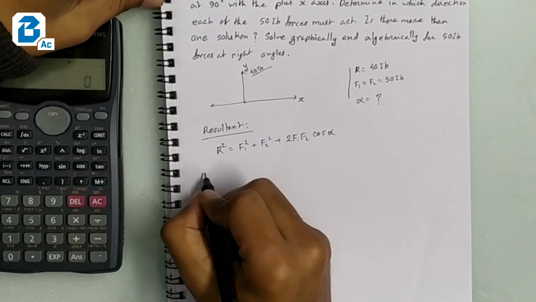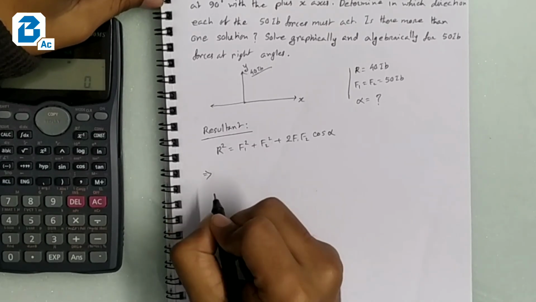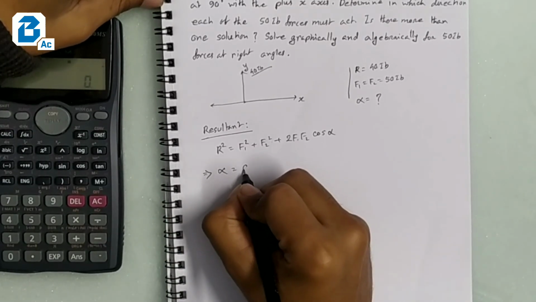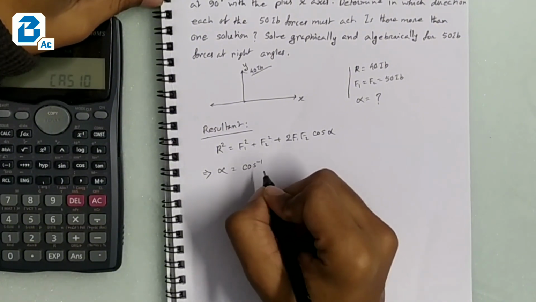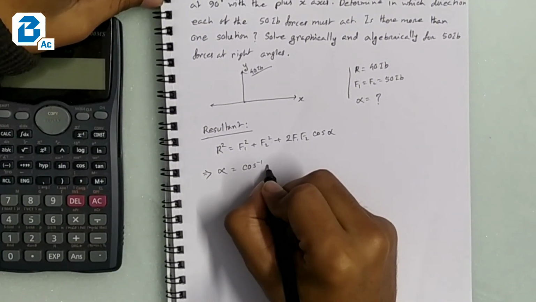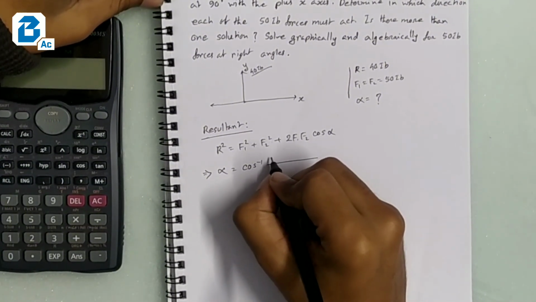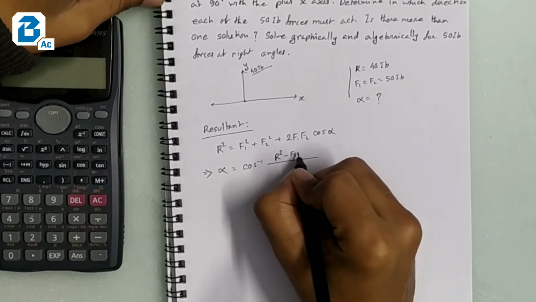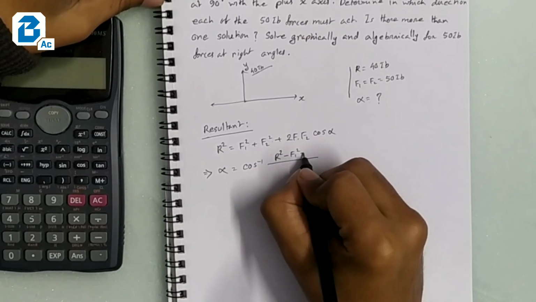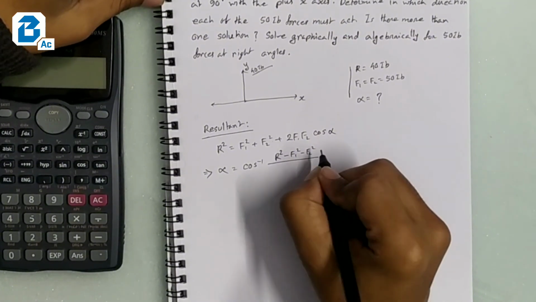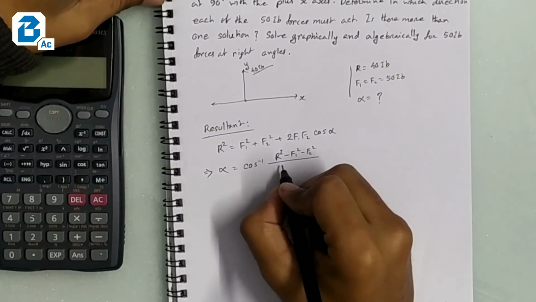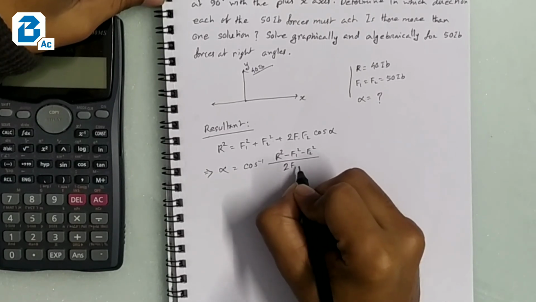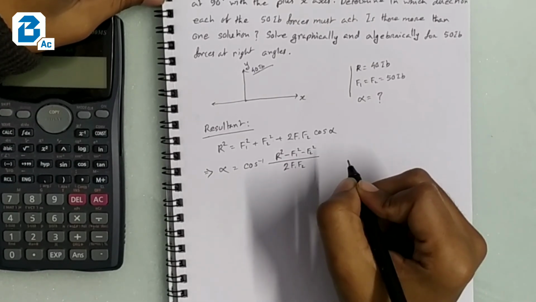So let's rearrange the formula. Then we will get alpha equal cos inverse R square minus F1 square minus F2 square, and here we get 2 F1 into F2.